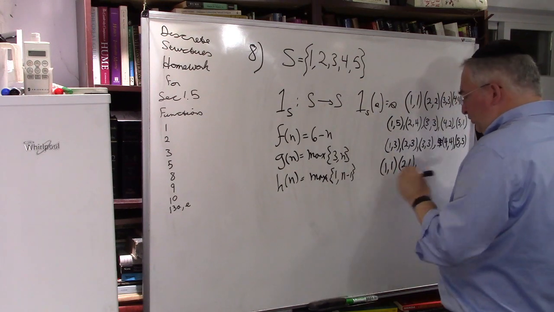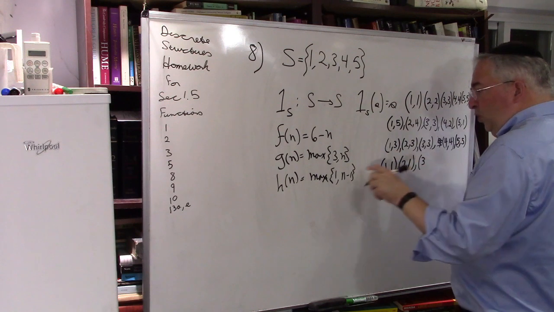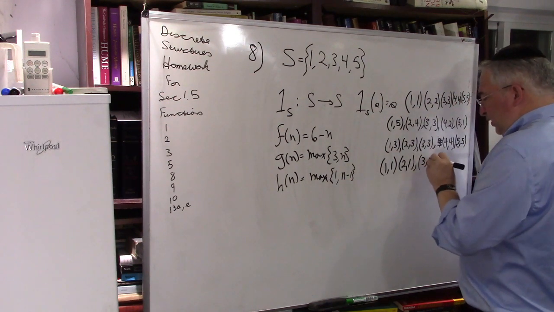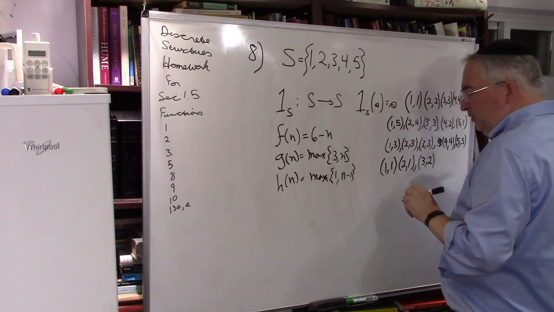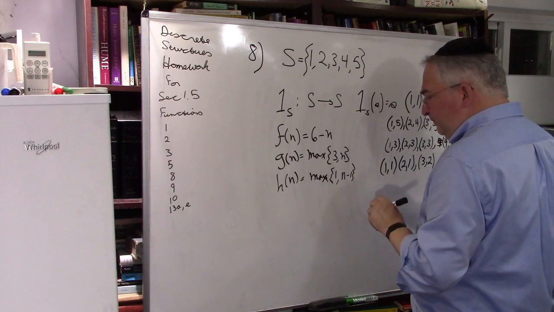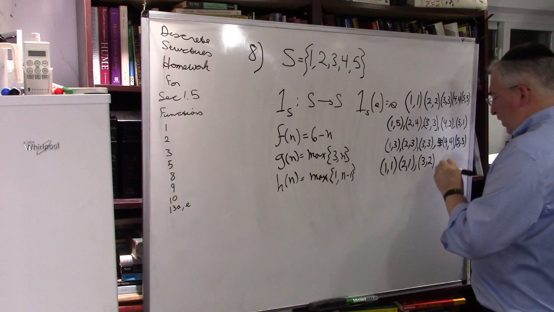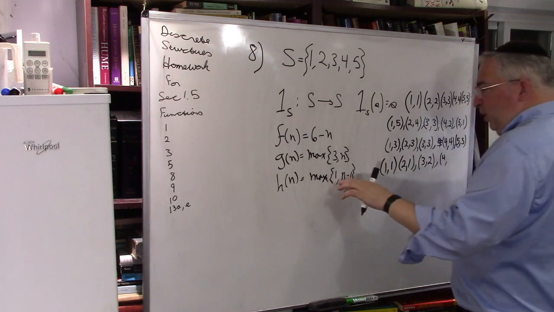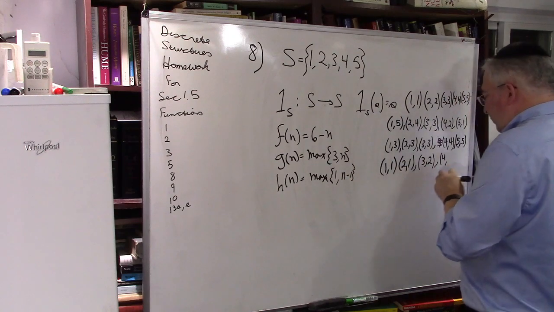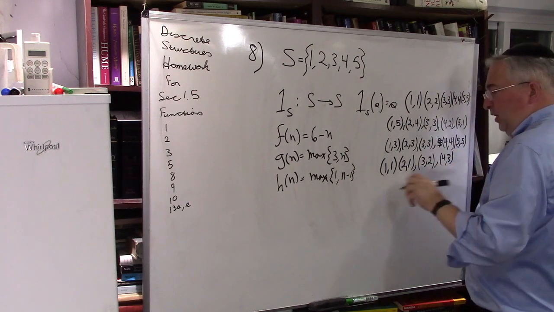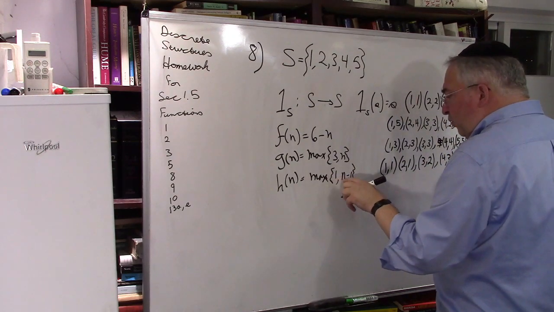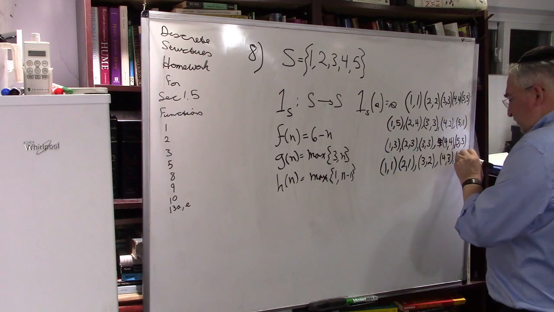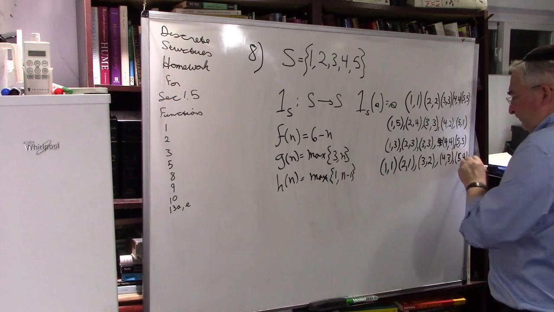Next, what's larger, 1 or 3 minus 1? Answer: 3 minus 1 is 2. Okay. What's larger, 1 or 4 minus 1, which is 3? What's larger, 1 or 5 minus 1, which is 4? So this is 5 comma 4.